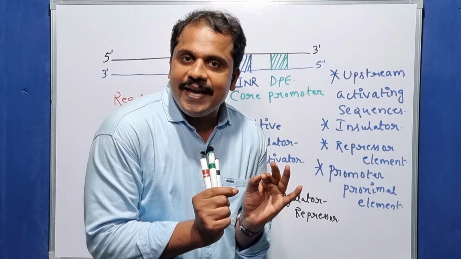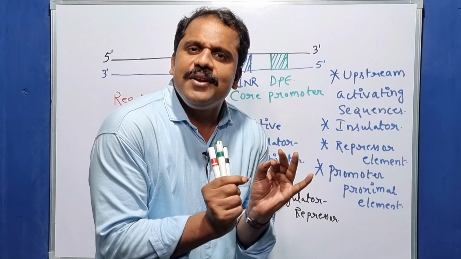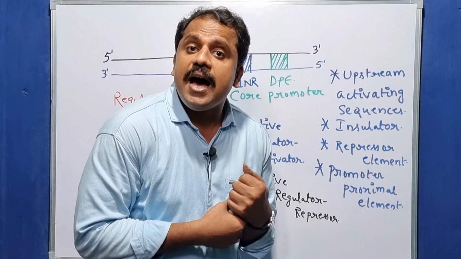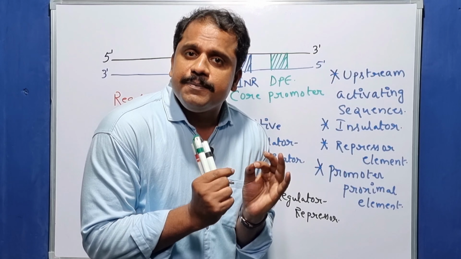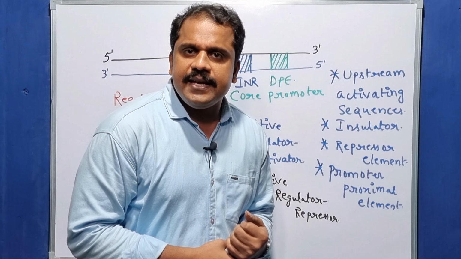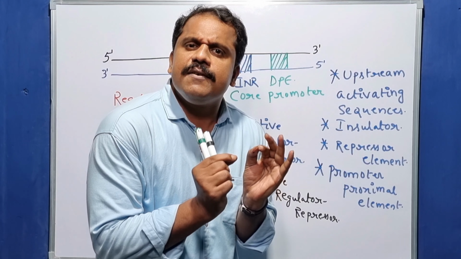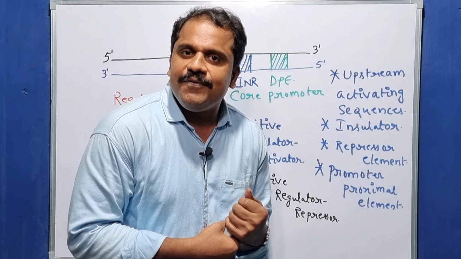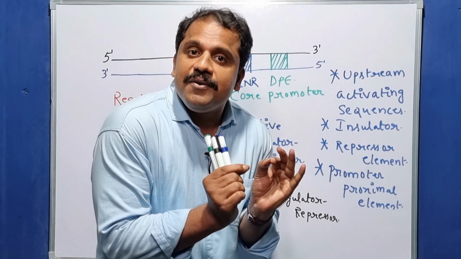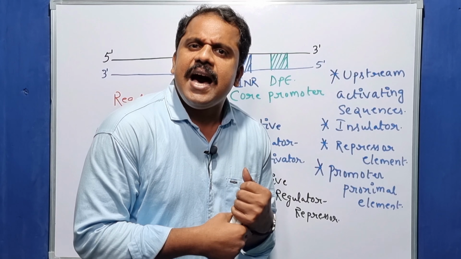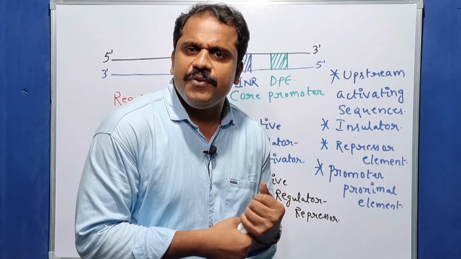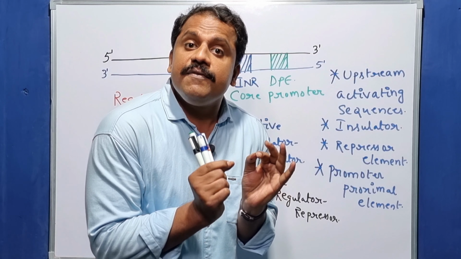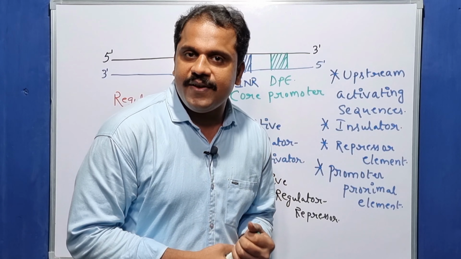In prokaryotes, in order to recruit to the promoter region, the bacterial RNA polymerase enzyme takes advantage of only one specific sigma factor. But in eukaryotes, in order to recruit to the promoter region, RNA polymerase 2 takes advantage of around 10 general transcription factors.